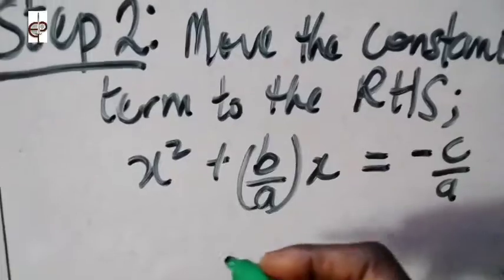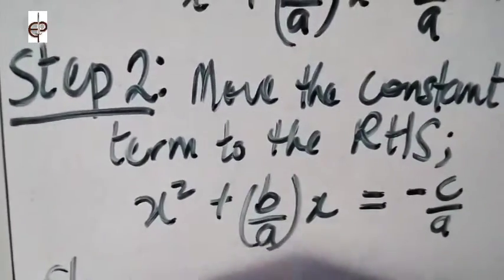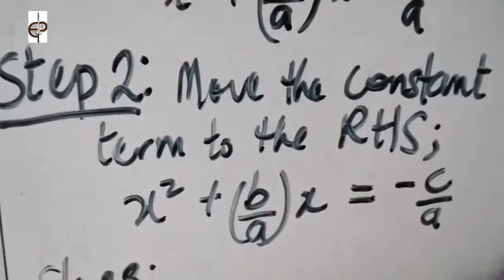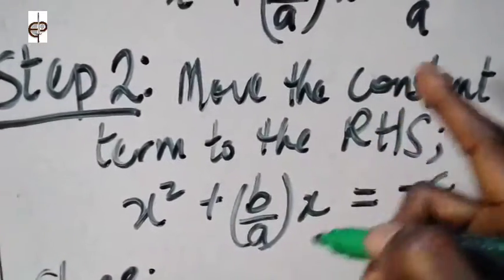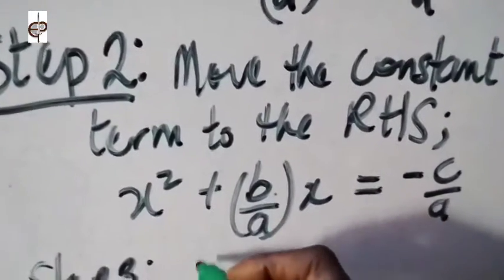Then we go to step number 3. What is step number 3? Square half of the middle term. What is the middle term? b over a.